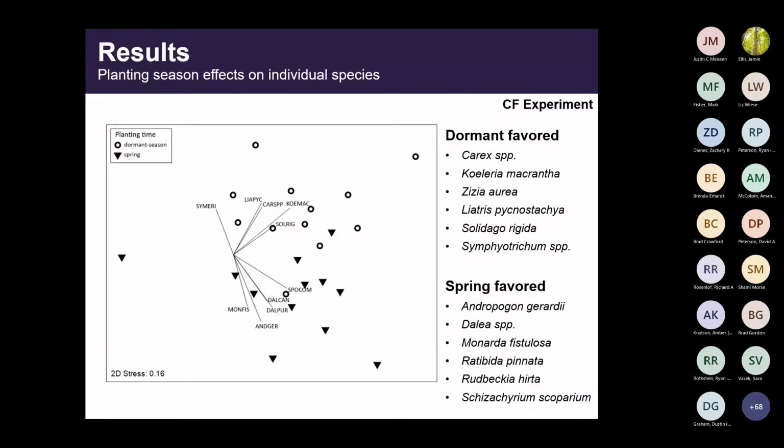And then those favored by spring planting included big bluestem, both the prairie clover species, wild bergamot, gray-headed coneflower, black-eyed Susan, little bluestem, and composite dropseed.